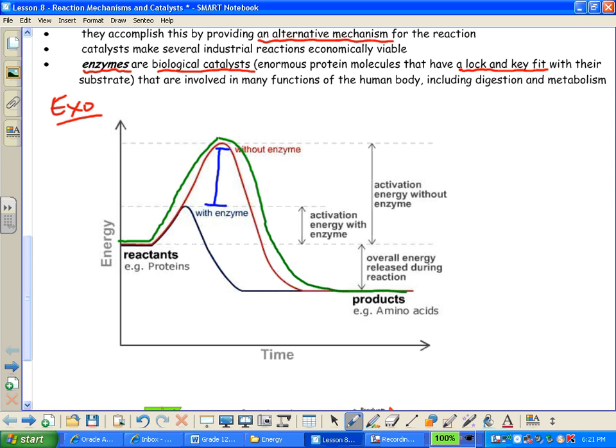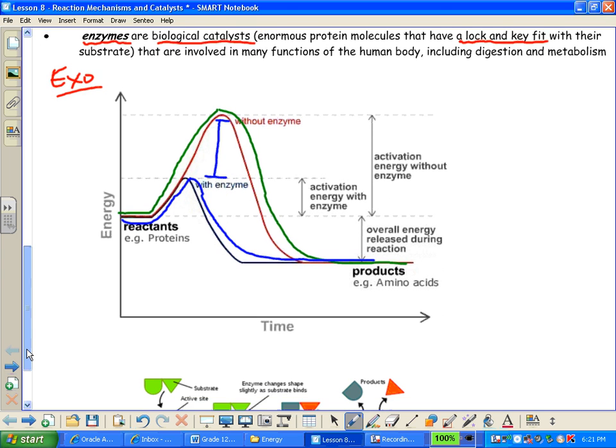Instead of the reactants going all the way up there, the reactants only have to get this much energy before they produce the products. So in this case, you'll see that it's lower than it would have been without the catalyst. And that's basically all you need to take away from that, is that it actually is lowered.